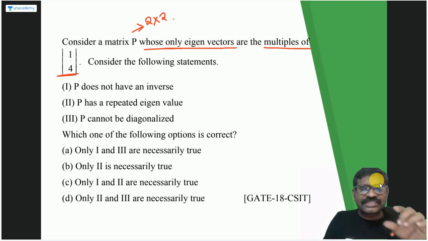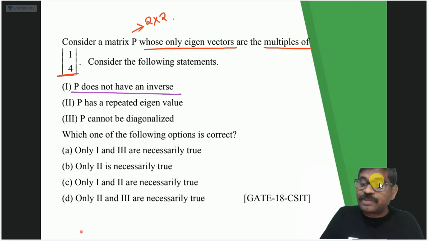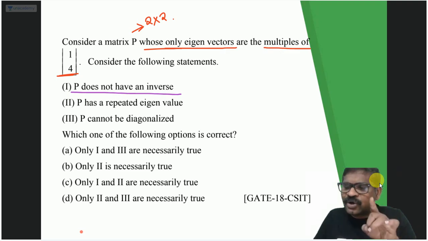In the statements they have provided, P does not have an inverse. Sir, what is P? Please remember, here P is not the model matrix. Just to confuse you, they have given it like that.